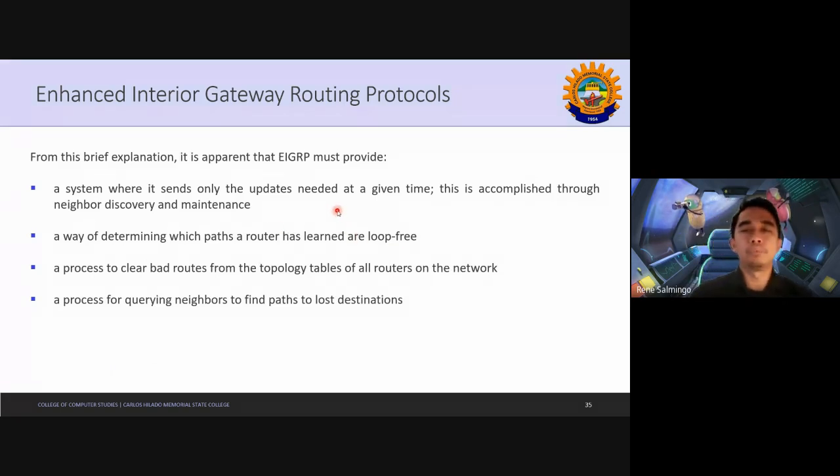This is accomplished through neighbor discovery and maintenance, a way of determining which paths a router has learned are loop-free, a process to clear bad routes from the topology tables of all routers on the network, and a process of querying neighbors to find paths to a lost destination. That's why we use a ping to connect to another computer, in order for us to search for a better connection.